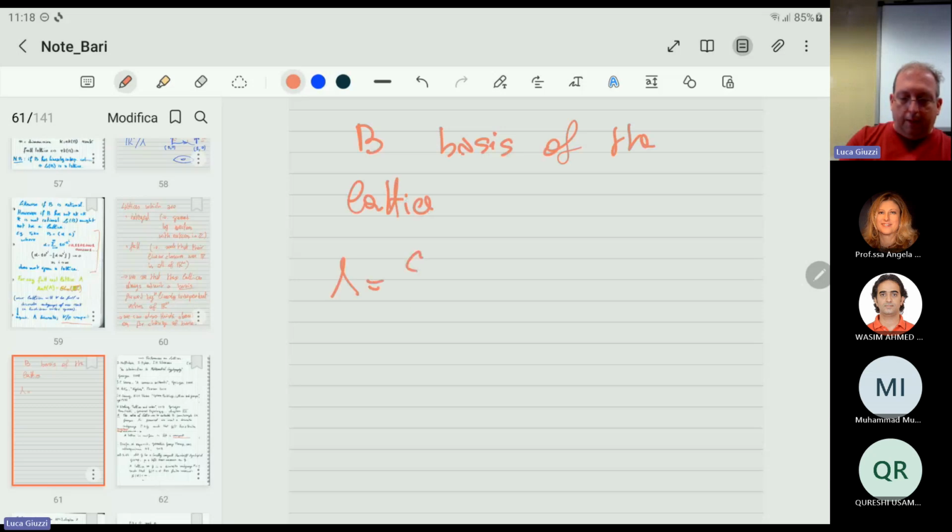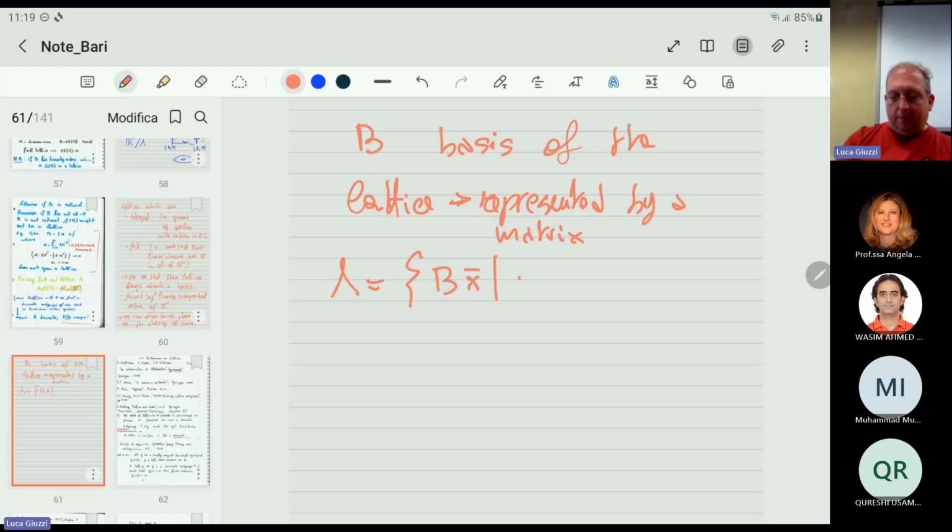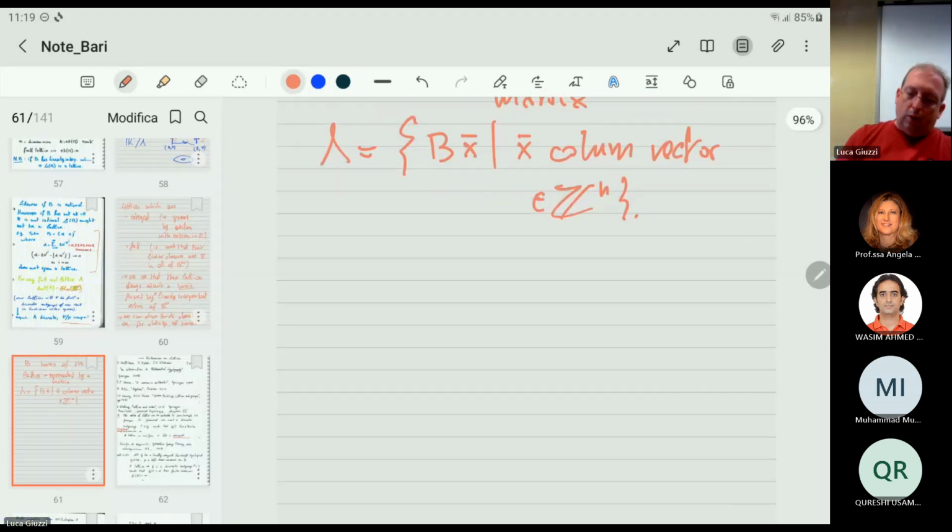Then lambda can be written as B of x, where B is just a matrix and x is a column vector in Zn.